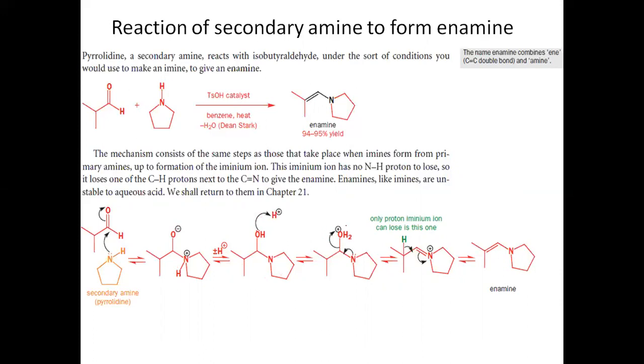Since this OH2 has departed, naturally this carbon will be electron deficient. So this lone pair of electrons from the nitrogen will shift down, and you get a double bond between this carbon and nitrogen, which is similar to your iminium ion, or similar to your imine.